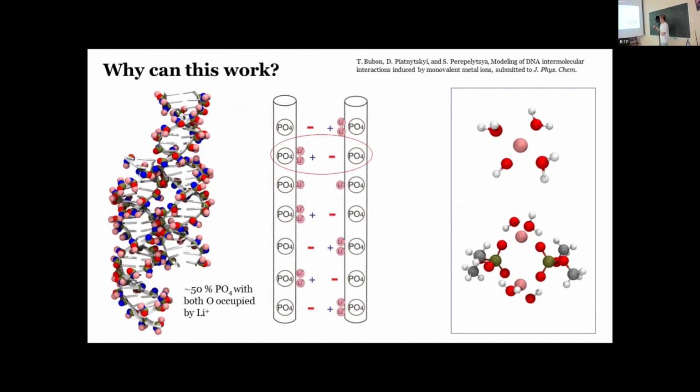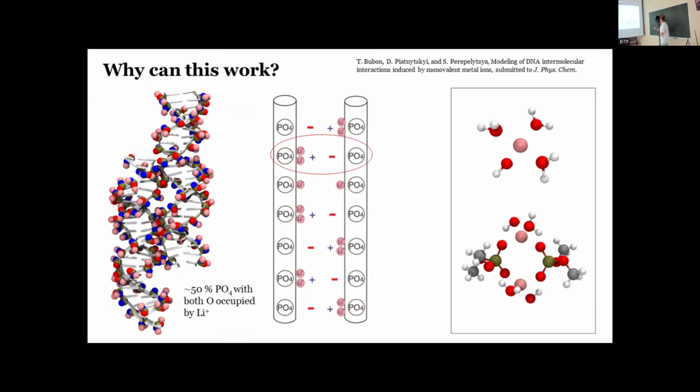And the second important thing is that the lithium ions preserve their tetrahedral hydration structure, even when they interact with the phosphate groups of the DNA. You can see that the oxygen atoms of the phosphate groups of the different DNA can replace two water molecules from the lithium hydration shell, but still they save this coordination geometry of the lithium hydration shell.